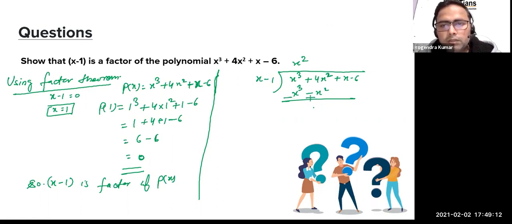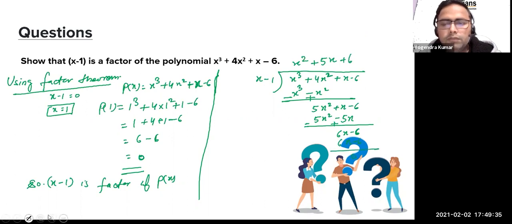What we get is 5x square plus x minus 6. Now I multiply by 5x, so 5x square minus 5x, then minus, plus here. So we get 6x minus 6. Now plus 6 here, so 6x minus 6 gives us 0. Did you get it? You're getting 0. So that's why it is a factor.